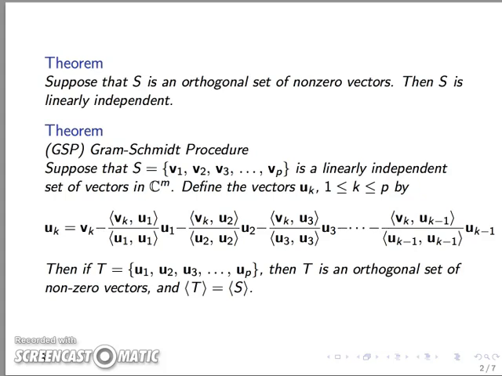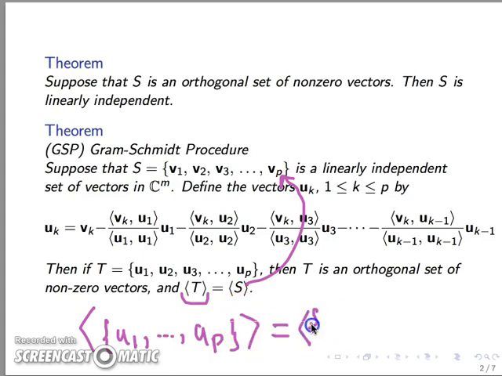This new set T is orthogonal, but it also has the property that the span of this newly constructed set is equal to the span of the original set, which has vectors v1 through v sub p.